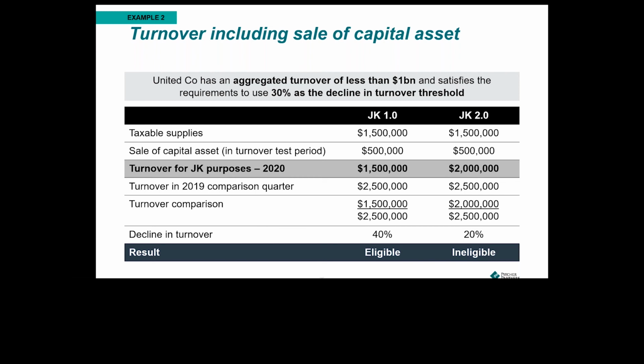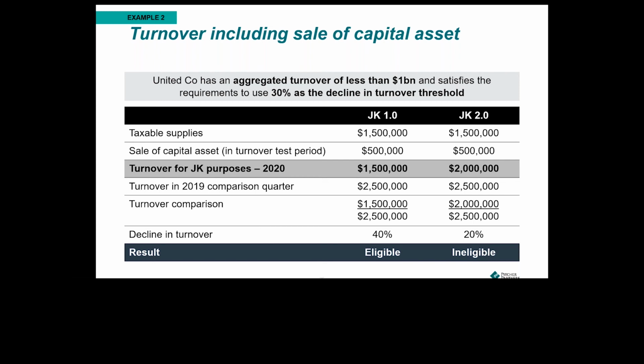So this rule can work both ways depending on when you've disposed of assets. It could be a different story, for example, if you've made that same disposal in the relevant comparison period in 2019, made a substantial sale of a capital asset in that period, which would beef up your turnover for that period compared to the turnover test period in 2020, and that would be the reverse result.